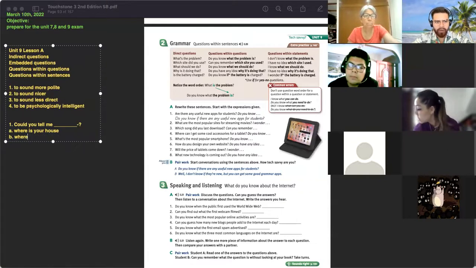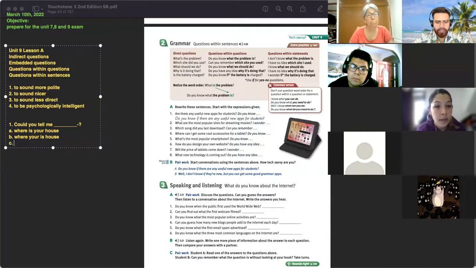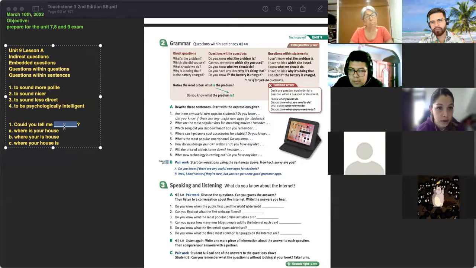B, where your is house? Or C, where your house is? What would be the correct answer? Letter C. Letter C, yes.